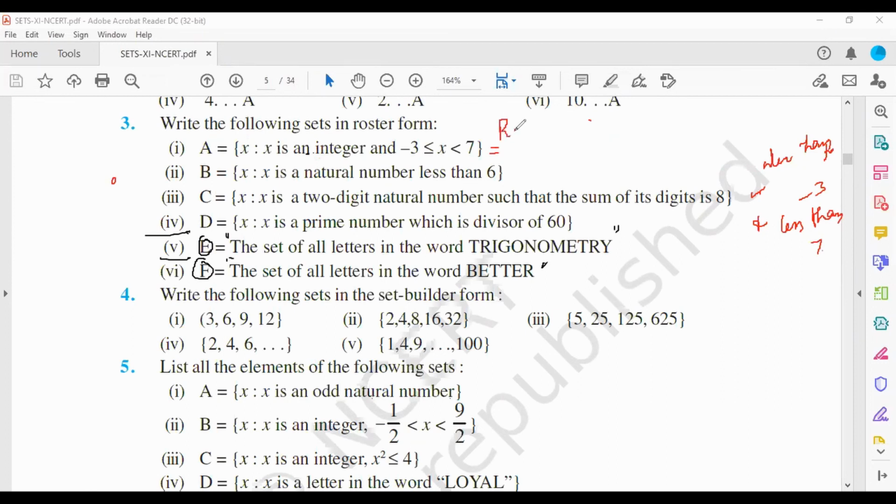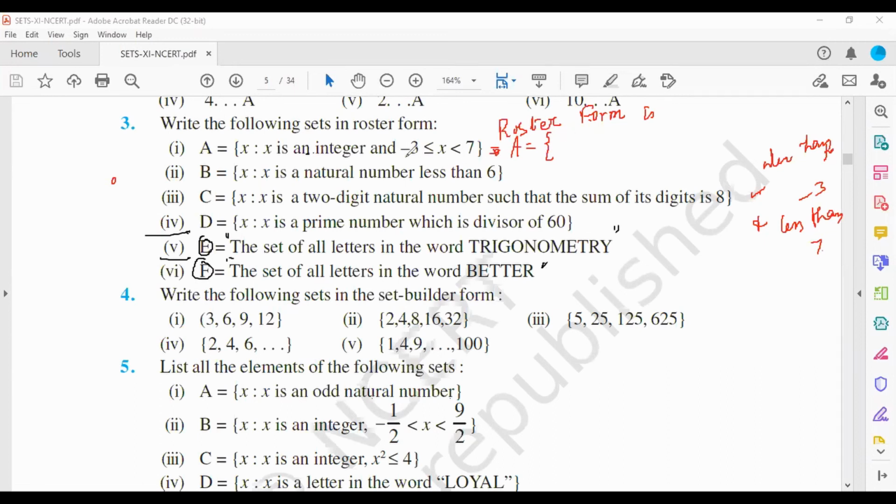Start writing the answer in your notebook also. Just a one line answer. For all the questions we have finished in one line. The roster form is: write the name of the set A, open braces, start listing out the elements.